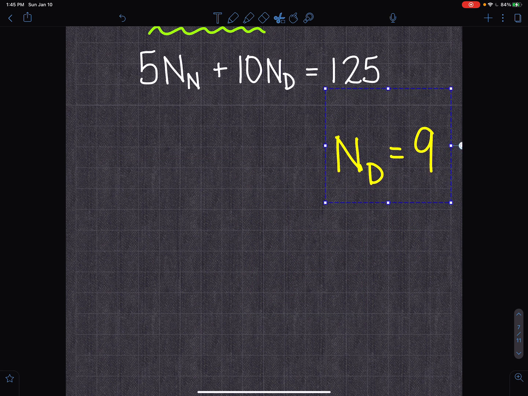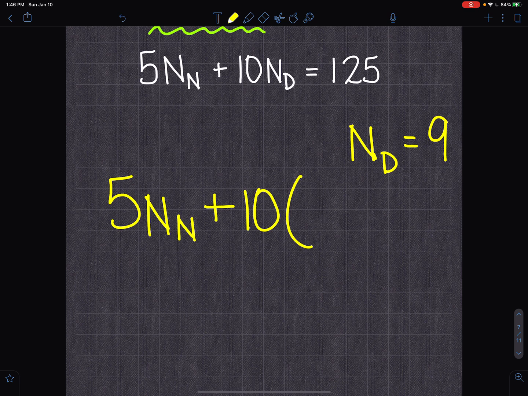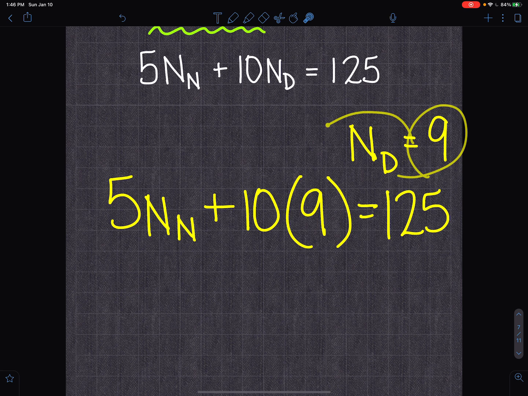So if this is true, and I plug this in for here, then the equation I'm going to get is 5nn plus 10 times 9 equals 125. Does that make sense? I just plugged this into here.